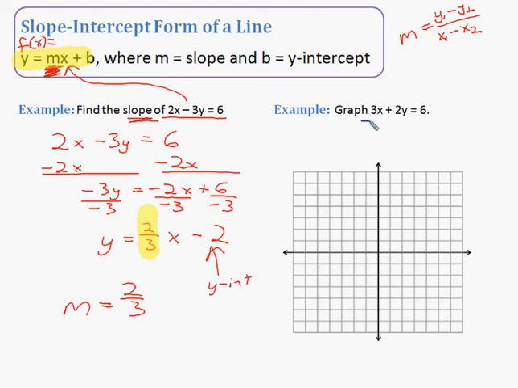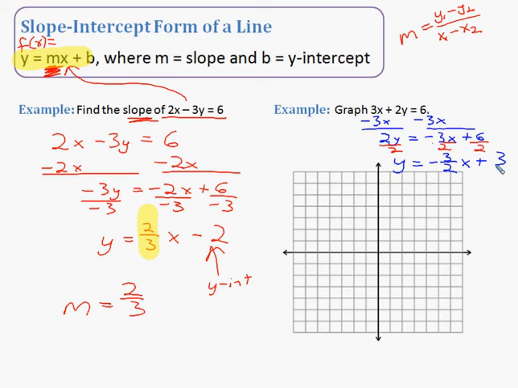So we will subtract 3x from both sides. We have 2y equals negative 3x plus 6. And we can divide by 2. And we get y equals negative 3/2 x plus 6 divided by 2 is 3. Now we want to graph this.